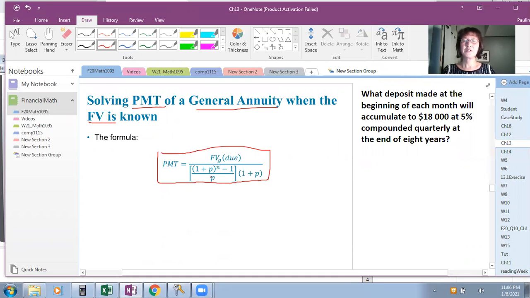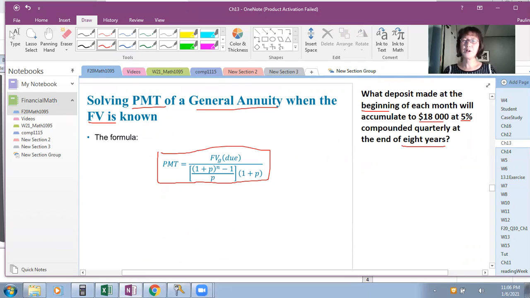Okay, so let's take a look at an example. What deposit made at the beginning of each month will accumulate to, so keyword beginning, accumulate to 18,000 at 5% compounded quarterly at the end of 8 years.